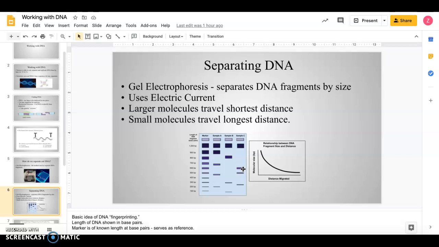Remember, larger molecules travel the shorter distance, and smaller travel longer. So this is the basic idea of DNA fingerprinting. These gels will show that no two organisms' DNA is the same, unless perhaps they're twins or a clone. And yes, the marker serves as a reference point.